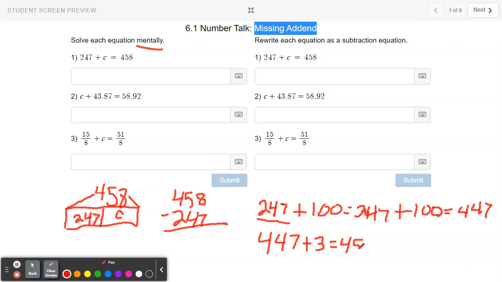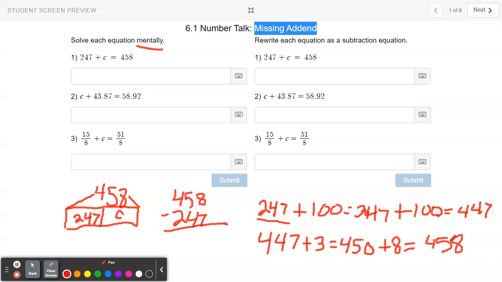And I did that by using that sum of 10. 7 plus 3, I know together makes 10. So that's going to bring that up to 450. And then from here, I know I just have to get to 458. So if I add a total of 8 on, I end up with my target of 458.